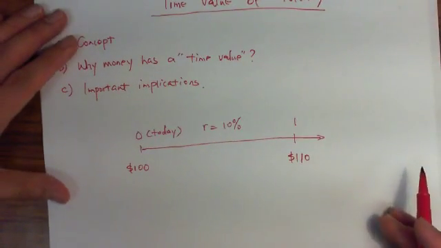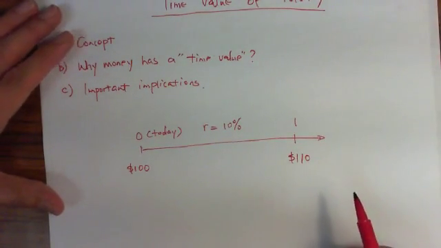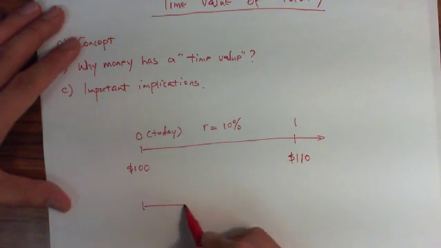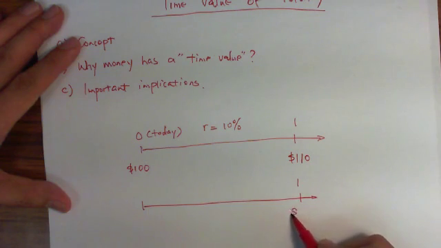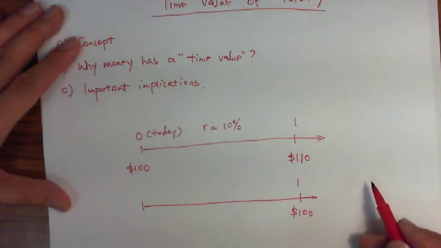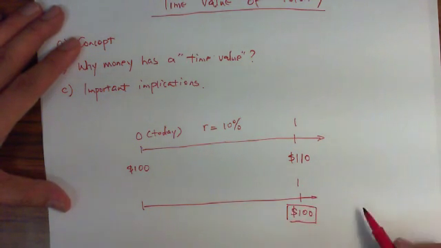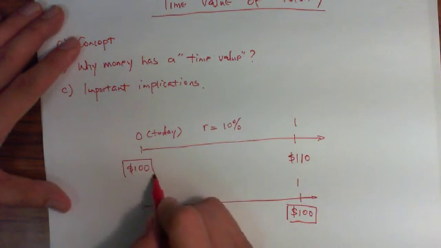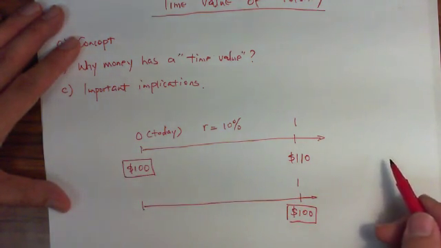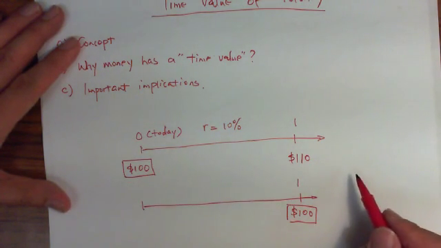Another implication is that here, for example, I add another timeline. Now we have this 100 at the end of the first period, and then in the first timeline we have this 100 at the beginning of the period.